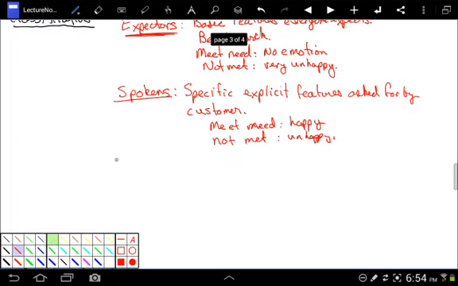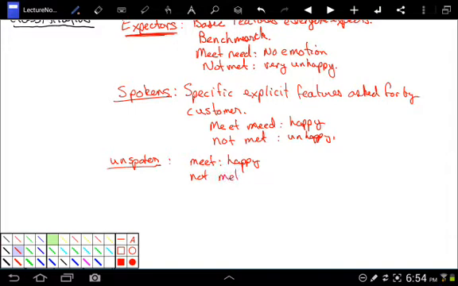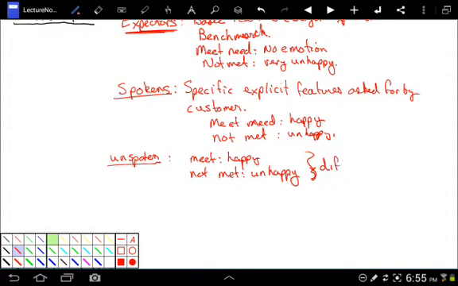In addition to spokens, there are unspoken needs. These are very similar to spoken needs. They're implicit. People don't necessarily understand that they want these things. But if you meet them, they're happy. If they're not met, generally they're unhappy. They might not know why. Unspoken needs are very difficult to discover.